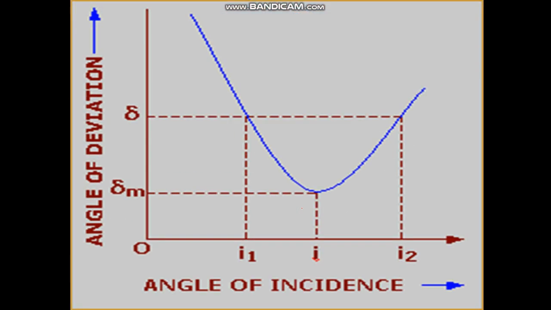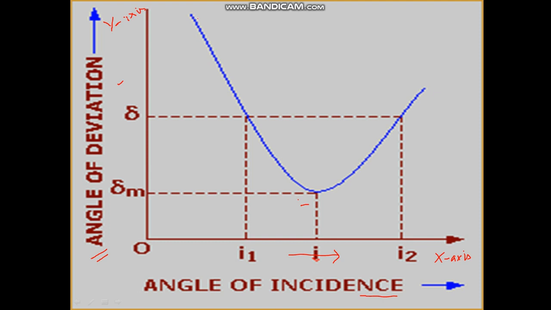Now we can show the relationship between angle of incidence and angle of deviation graphically also. To do that, we take angle of incidence on the x-axis and angle of deviation on the y-axis. So you can observe from the graph very clearly that here the values of angle of incidence are increasing, and the deviation values will be higher over here and lesser below.